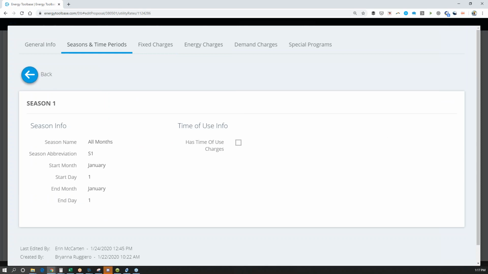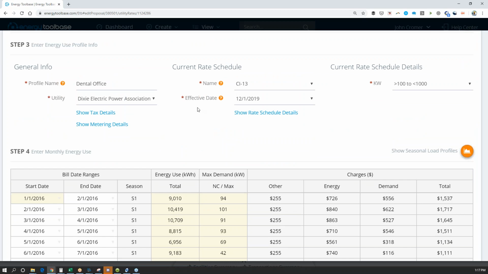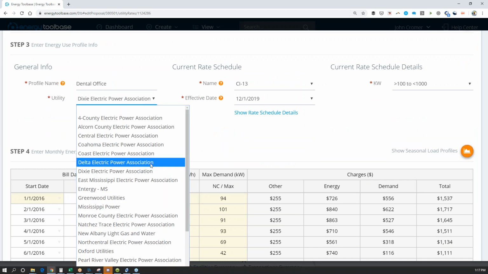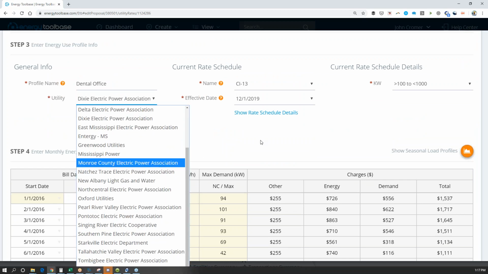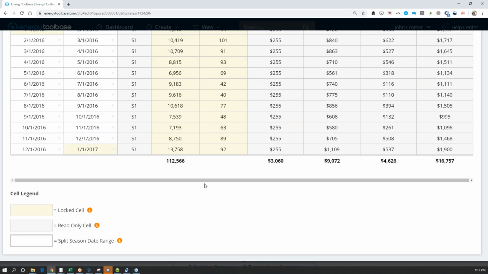But regardless, we're here. And so we're just going to roll with it. We're going to pick this rate detail.